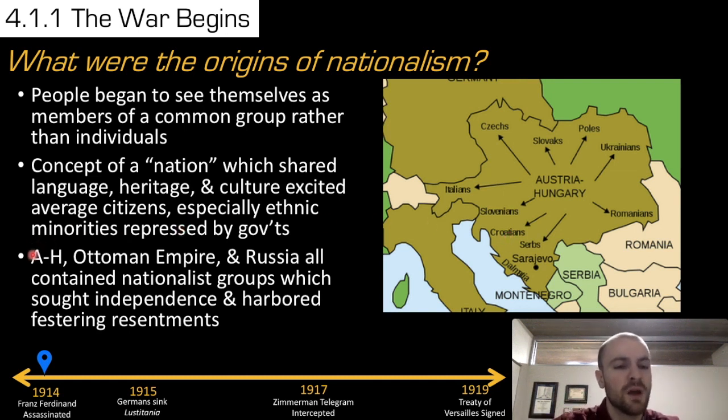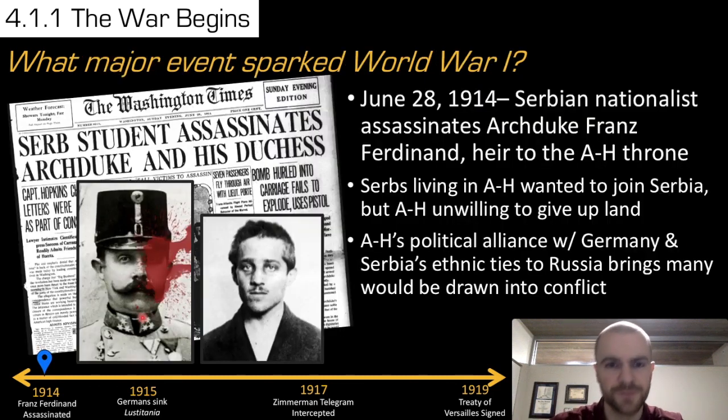So Austria-Hungary, the Ottoman Empire, and Russia all contained nationalist groups which sought independence and harbored festering or boiling resentments within those countries. And that really leads to the catalyst of World War I. The catalyst is an event that sparks something much larger. And so that spark that lights the powder keg that is World War I was the assassination of Archduke Franz Ferdinand.